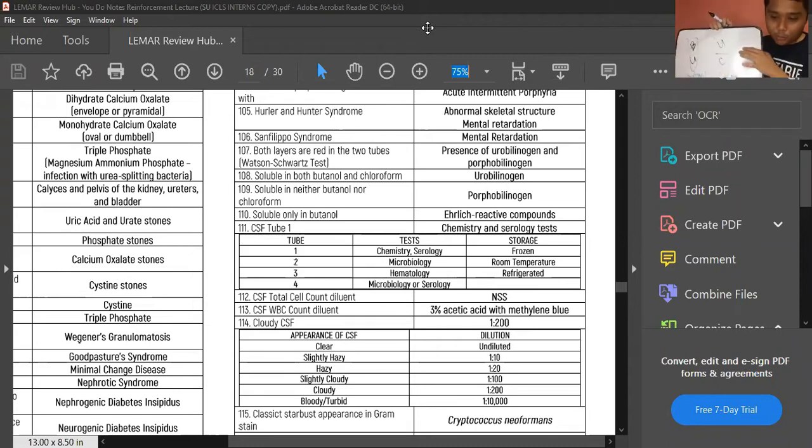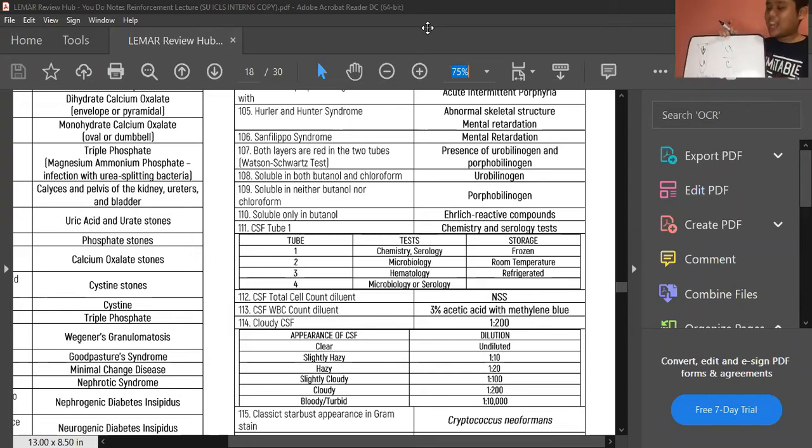In the chloroform tube, the upper layer is color red. So, what is this? Your upper layer in the butanol tube is red, and your upper layer in the chloroform tube is red. So you have other Ehrlich reactive substances. Meaning, it is soluble only in butanol, not soluble in chloroform.